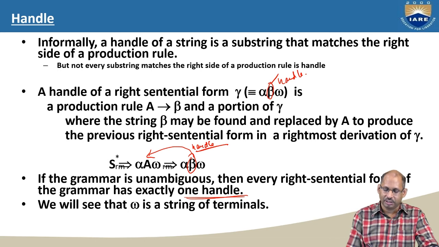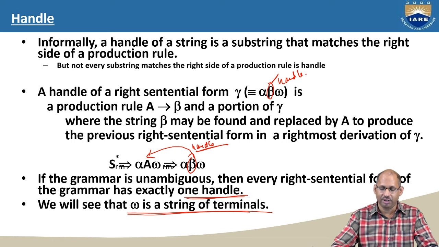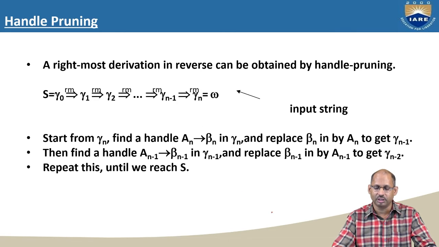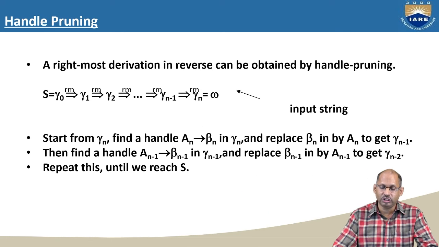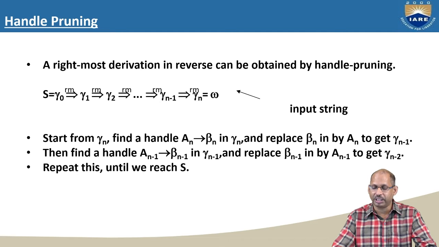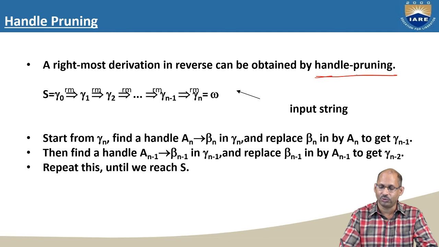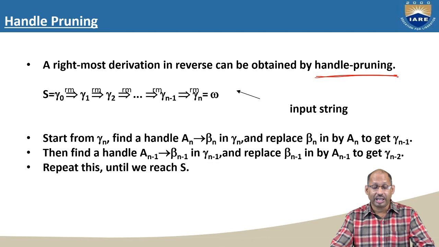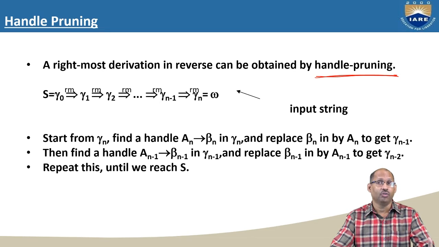We will see that w is a string of terminals. Right? A rightmost derivation in reverse can be obtained by handle pruning. What is handle pruning here?